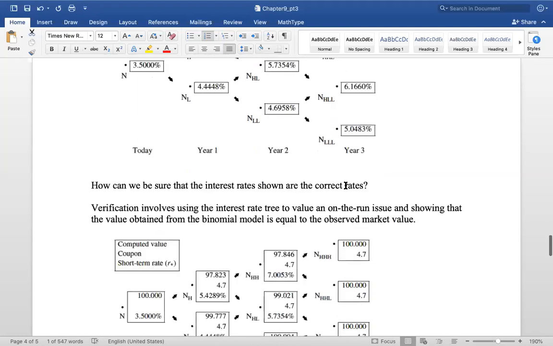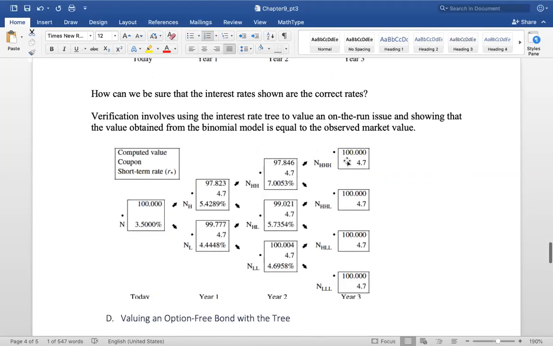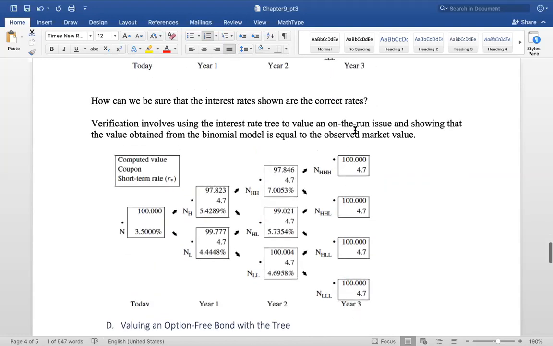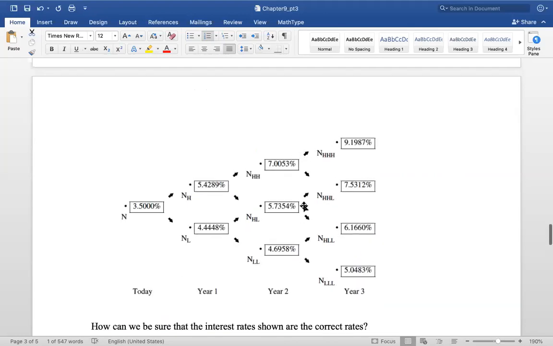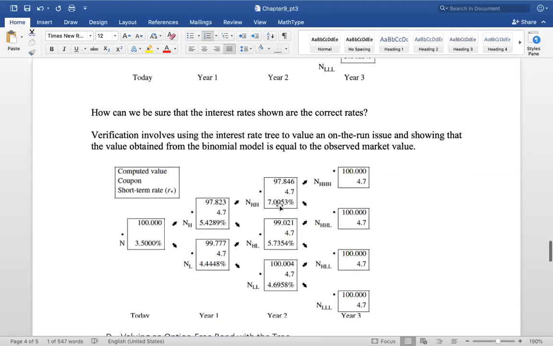We have the interest rate at each node. The interest rate at this node is 7.0053. So we discount back at 7.0053: you have 100 plus 4.7, you add them up and then discount back, and we get 97.846. Similarly, if you discount these two back, you will get this. If you discount these two back, you will get this.